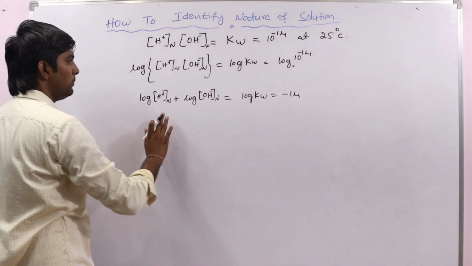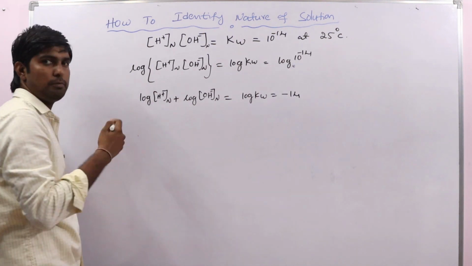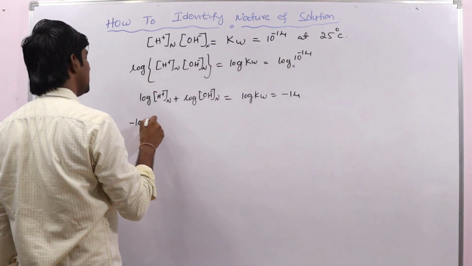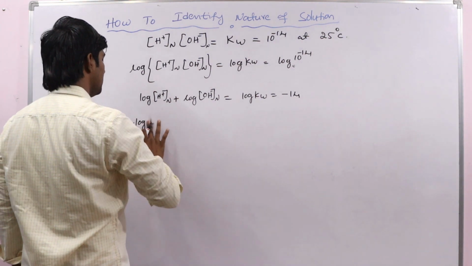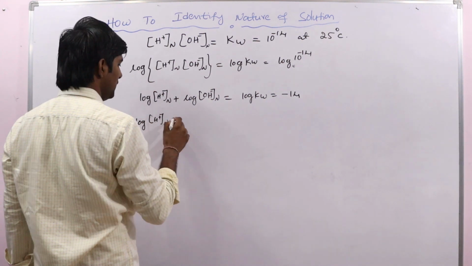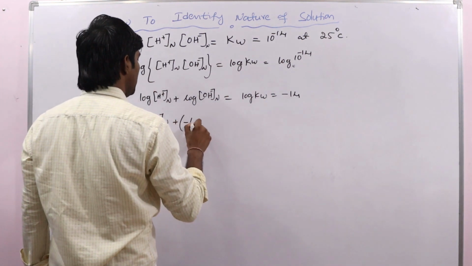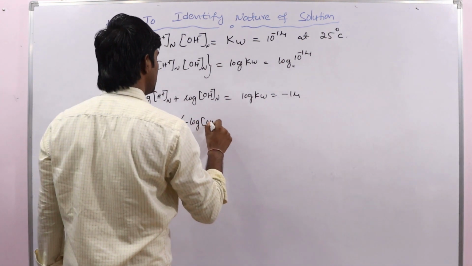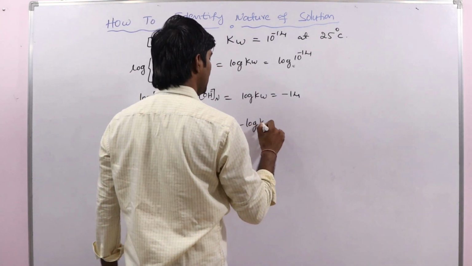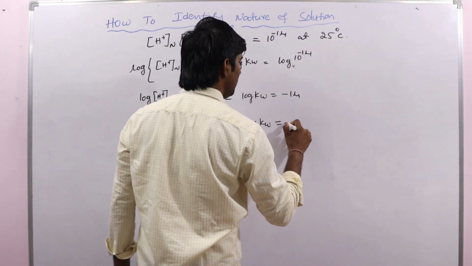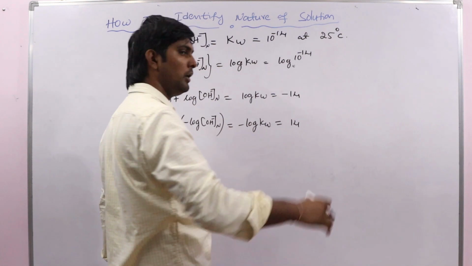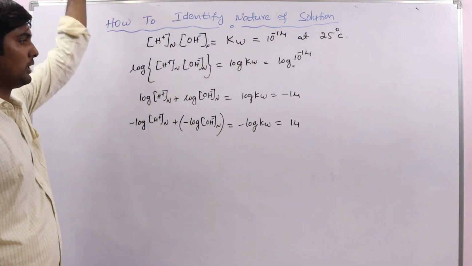Now if you multiply this entire equation with minus, we get minus log H plus ion concentration plus minus log OH minus ion concentration is equal to minus log Kw, that is equal to plus 14, yes or no? No need to write this plus, so we get 14, minus into minus becomes a plus.